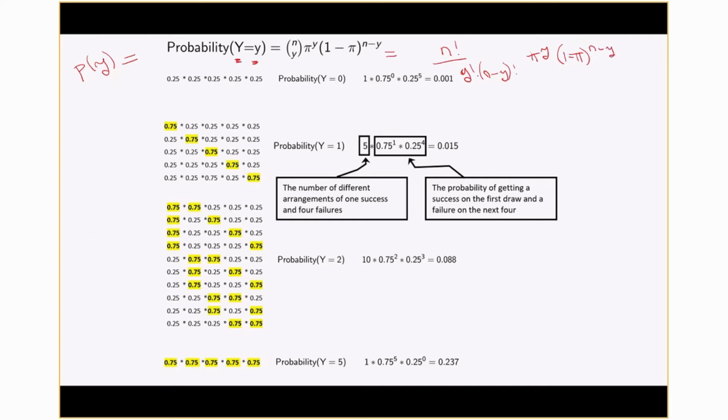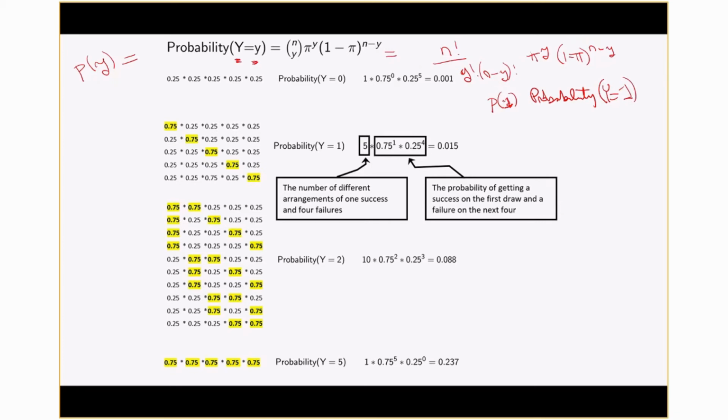So let's begin with a simple case. Let's think about the probability of 1. In other words, when we actually do the experiment, the probability we're going to calculate is the probability that the random variable y, that could take on a 0, 1, 2, 3, 4, or 5, is actually going to be the value of 1.